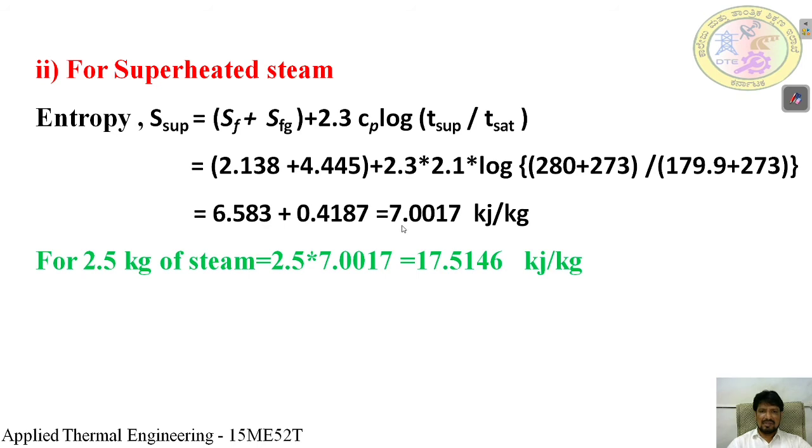This is the entropy of superheated steam. For the mass of 2.5 kg, multiplying 2.5 into 7.0017, you will finally get 17.5146 kilojoules per kg.